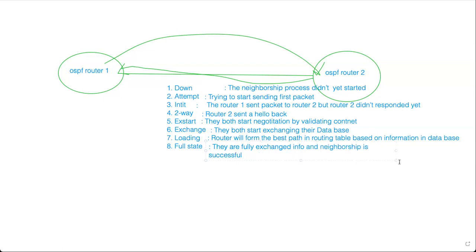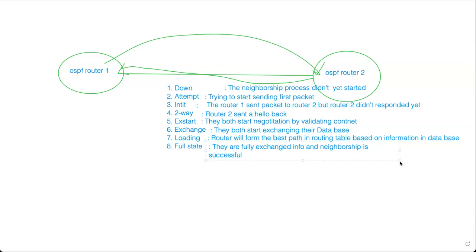So what does this mean, guys? In the two-way state, after they both exchange hello messages, they will start negotiating the content, meaning, are you the DR or am I the BDR? DR means designated router, BDR means backup designated router.